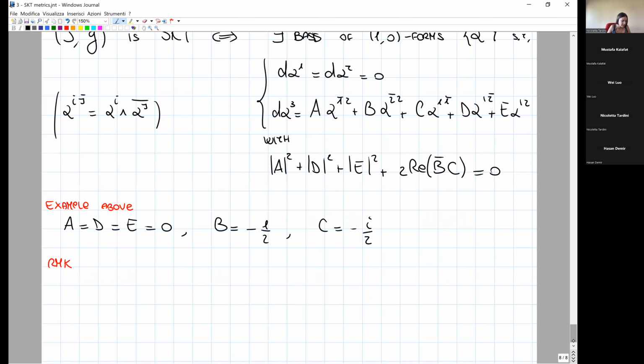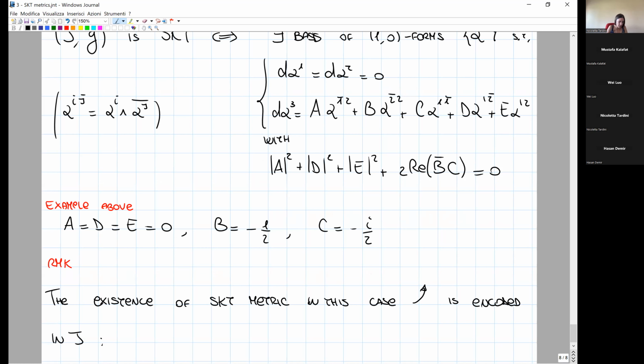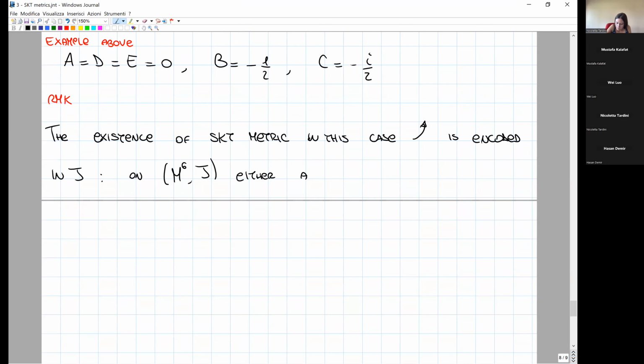So this result is saying that the existence of SKT metric in this case, so in this case of nil-manifolds in 6 dimensions, is encoded in J. So everything is encoded in J, which means that on M, J, either all metrics are SKT or there are no SKT metrics.